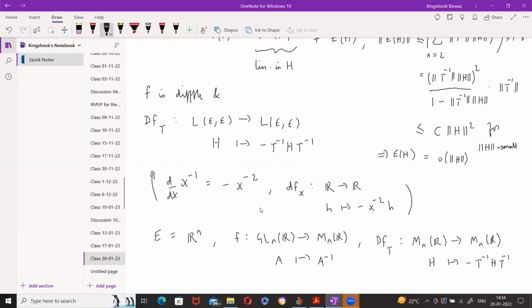So see, we've got a formula here without any coordinates, right? If we were to try and evaluate the matrix of this linear transformation from Mn(R) to Mn(R), Mn(R) has dimension n squared. That would be some matrix of order n squared by n squared, which is impossible to compute. Even if you compute the partial derivatives, it's meaningless.